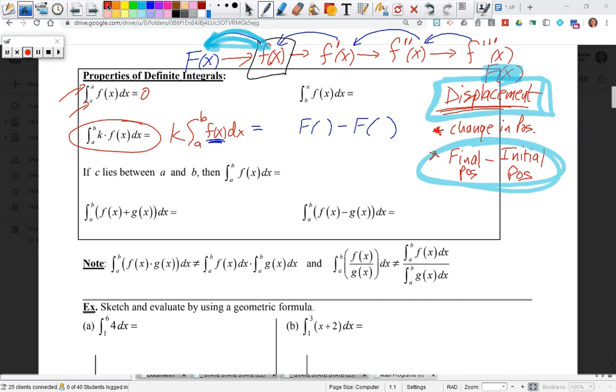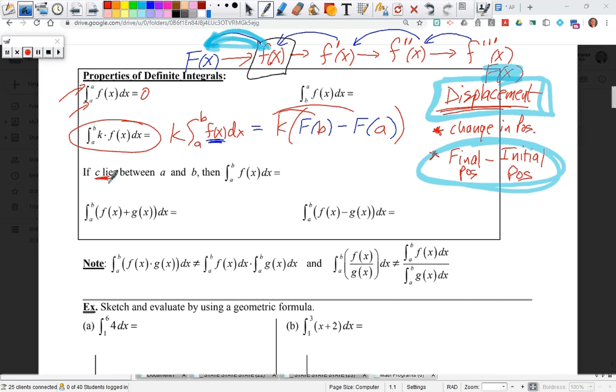B. Because it's the final position minus the initial position. What is wrong with my answer right now? I forgot the K. What is still wrong with my answer right now? Parentheses. Nice. And I'm trying to help you find all these mistakes right off the bat. If you wanted to distribute the K and say K f of B minus K f of A, that's still correct. Okay? All right, here we go.